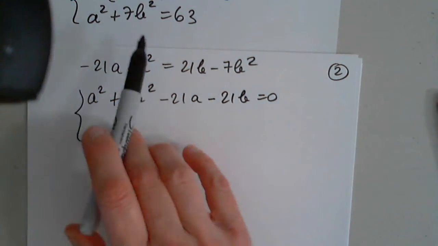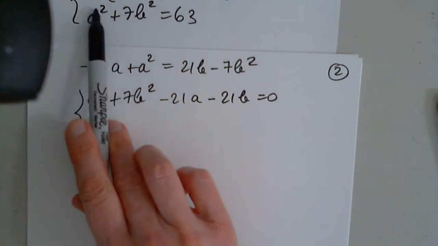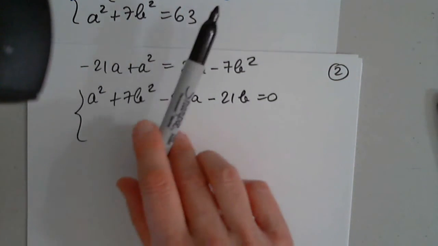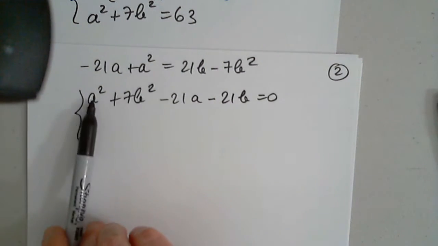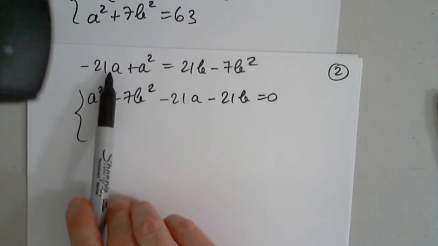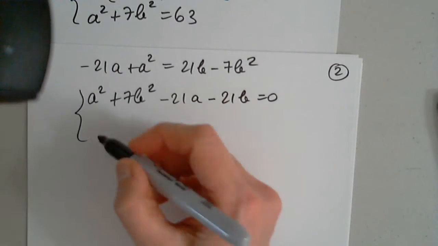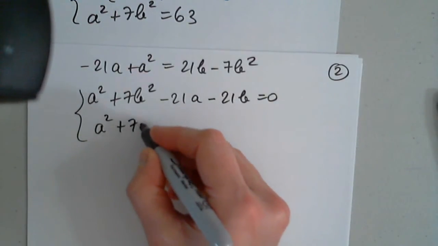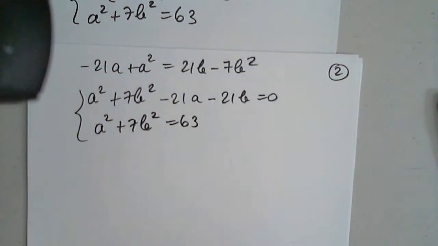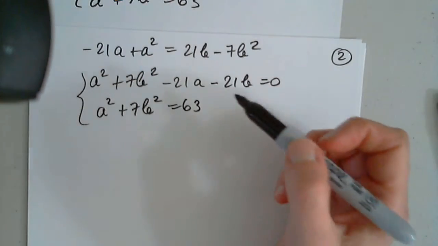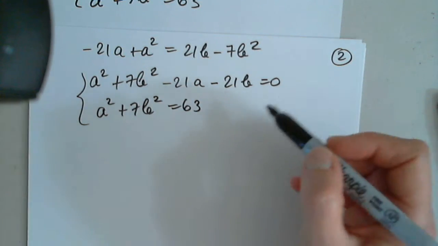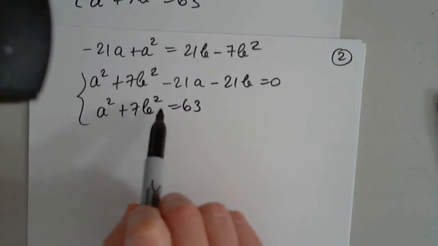So I simplified, checking my work one more time. 21, that was minus. a squared is here, positive is here, minus and minus, okay. And then a squared plus 7b squared equals 63. Okay, that's fine. Almost there. So obviously this is quite nice.